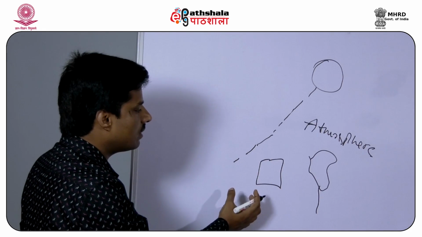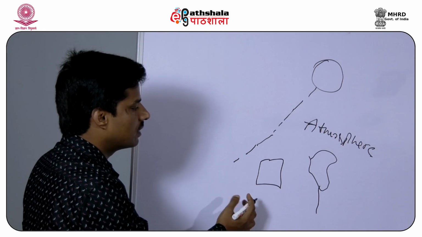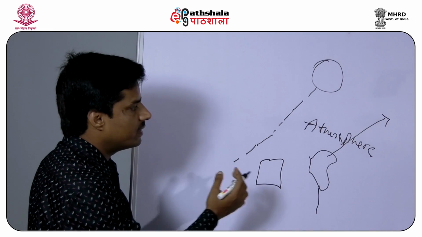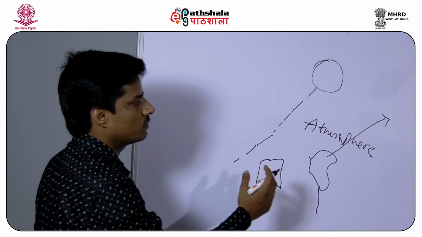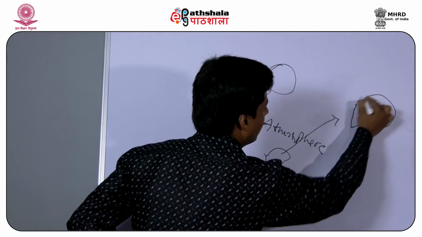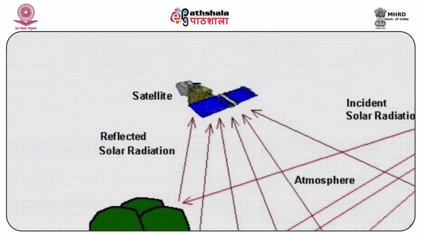After striking these objects, the energy is reflected back from them and reaches the sensors of the satellite. Here we have the satellite. These sensors, installed in the satellite, record the energy reflected by different objects.